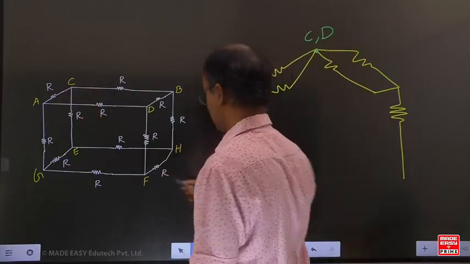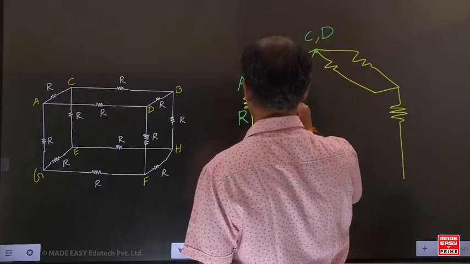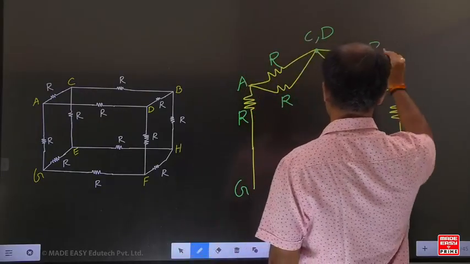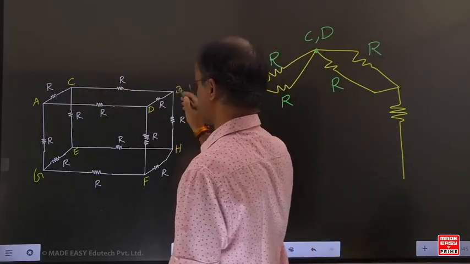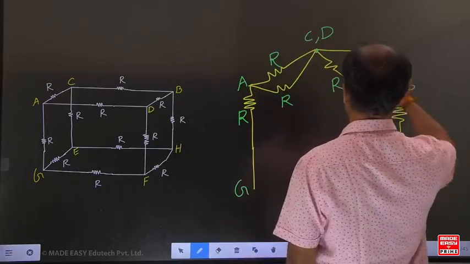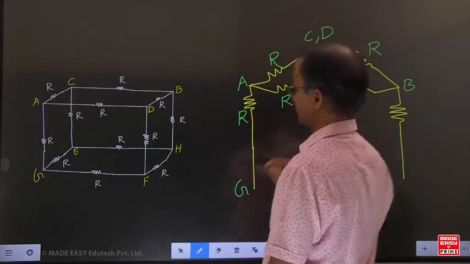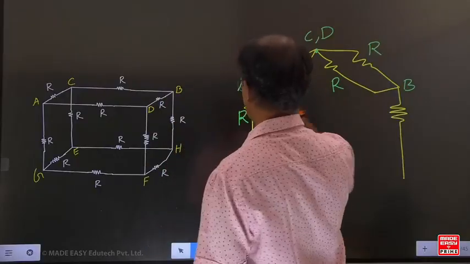Now from A one more element is going to G. The B is also going to C and B is also going to D. C and D are at the same potential. Same potential means I indicate one common point.